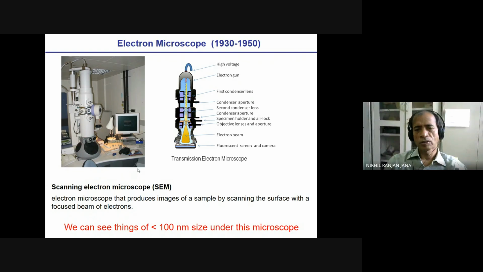But with electron microscope you can image even something inside below the surface. And most important is that we can see nanomaterials using these microscopes. And seeing is believing. So we can have much more understanding. We can convince others of what we are making.